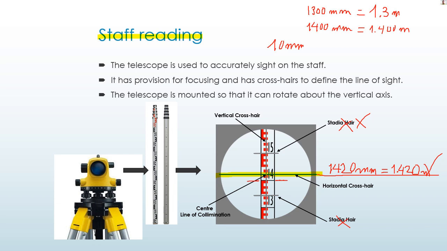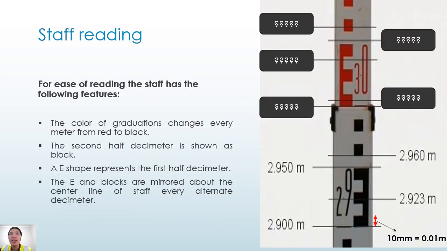So that's the example. So now you have other examples of staff reading. So those numbers here are hundreds of millimeters, and you will add 10 millimeters for one solid block or a blank block over here.